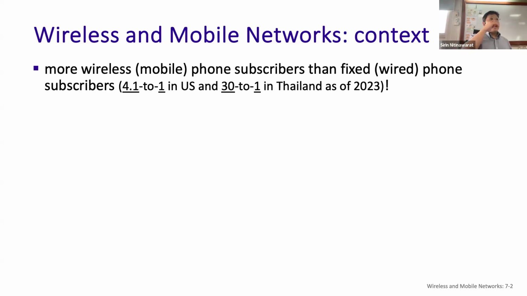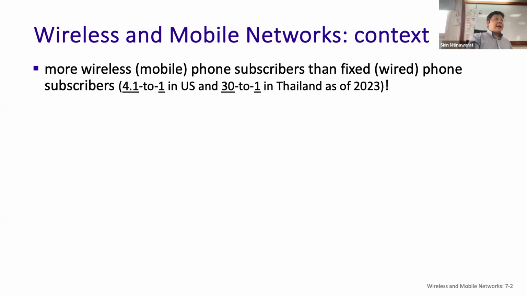Of course, at the beginning, the capacity of wireless and mobile networks could not compare with wired networks, because for a wired network the medium has a higher capacity. If you have a wired transmission medium, typically the capacity is much more than if you use a wireless medium to communicate.